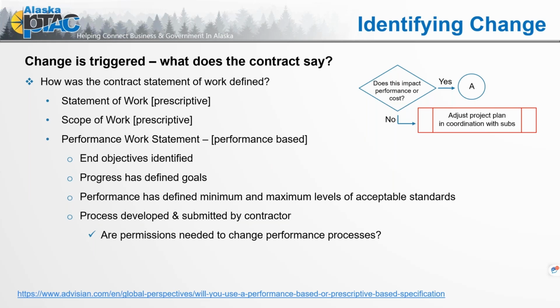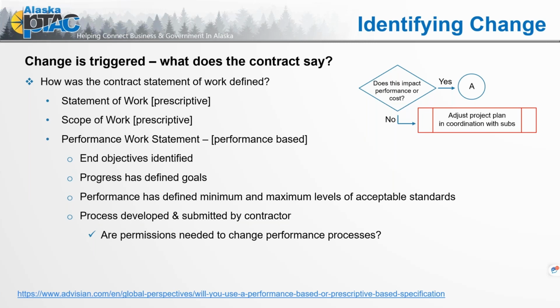If you have discovered that your planned approach needs adjustment, it's not necessarily a change to the contract. That is an internal modification that needs to be done. It isn't necessarily triggered or affected by something the government is doing.